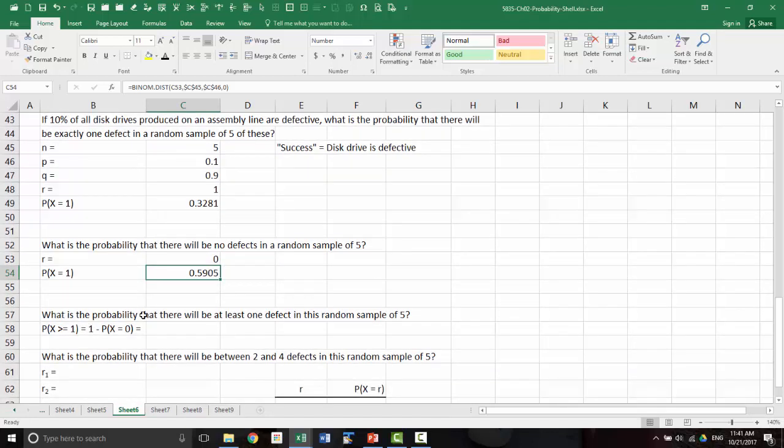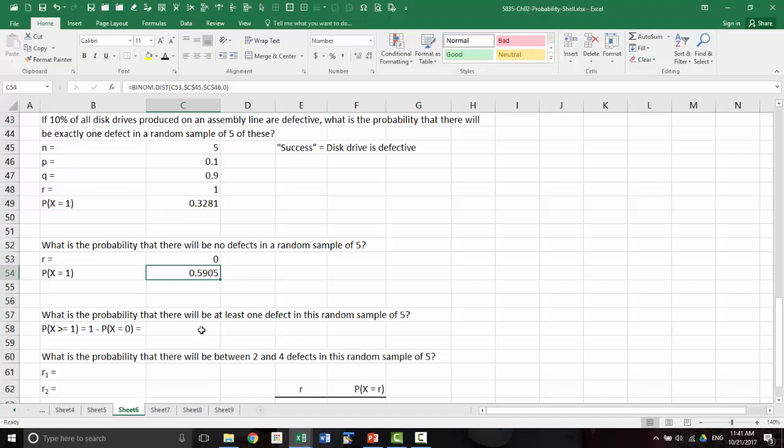Next: what is the probability that there will be at least one defective in 5? At least one is 1 or more. So you can get x equal to 1, 2, 3, 4, 5. You can individually compute these 5 probabilities and sum them. Or an easier way is that greater than or equal to 1 is the opposite of x equal to 0.